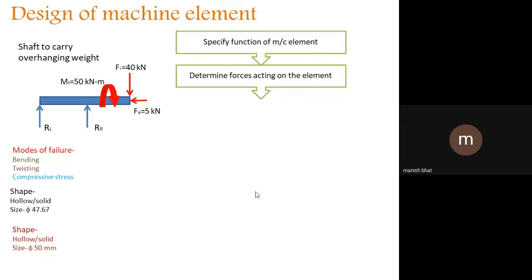You know how power is transmitted? By means of a belt, maybe by a chain drive, by means of gears, a gear train, whatever kind of power transmission. As the shaft is transmitting power, depending upon how much power it transmits, we will find the torque, and we will find what the tangential force acting on that particular shaft will be.